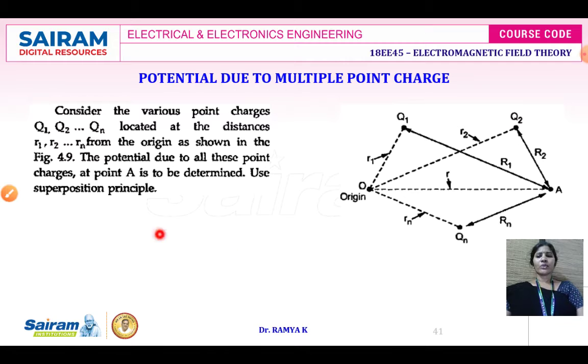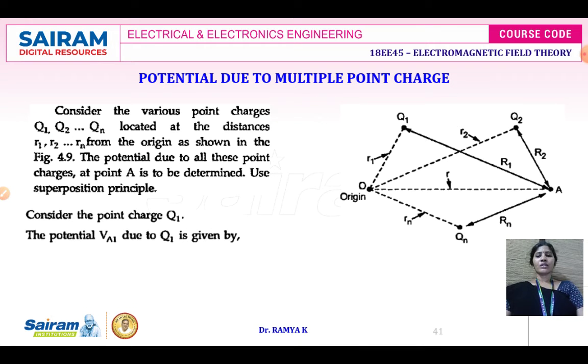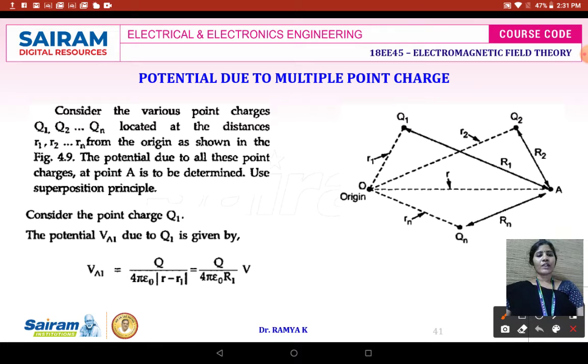This is explained over here. The potential at point A due to Q1 is VA1, which is equal to Q1 divided by 4 pi epsilon R1. The distance between Q1 and A is going to be R1, which is nothing but small r minus R1.